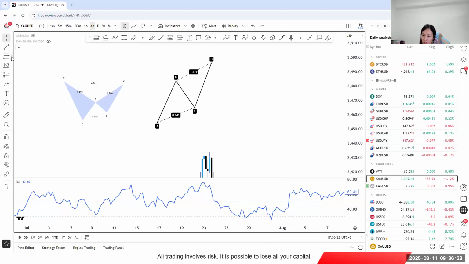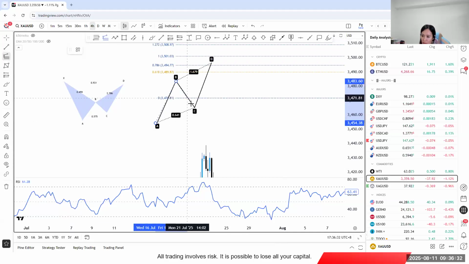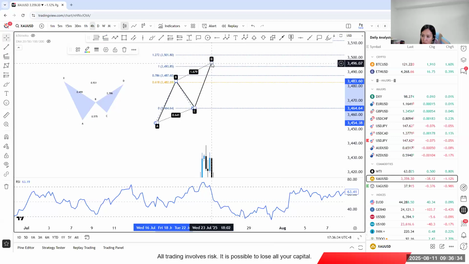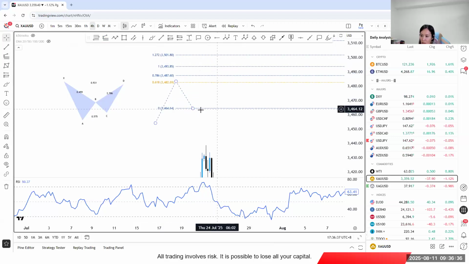Or you can use a projection, which is the 100% projection from AB equal to CD, somewhere around this 100% projection here.